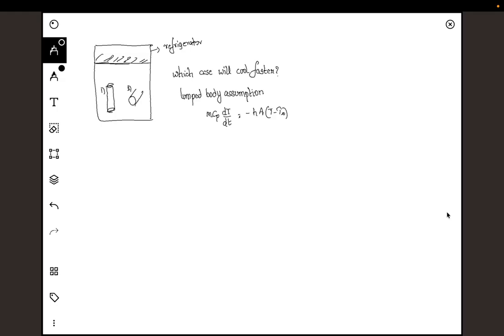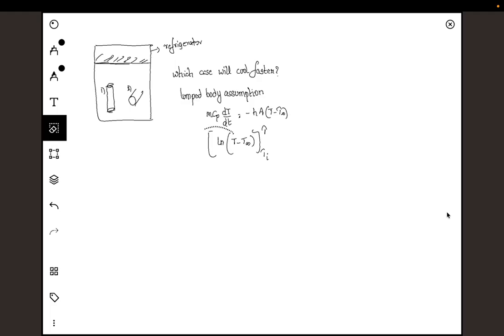And if you solve this equation, then we would be getting something like this: initially it will be at a higher temperature, let's say initial temperature Ti, and final temperature after a certain time T, it would eventually come to T infinity.